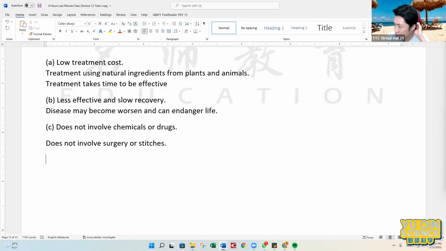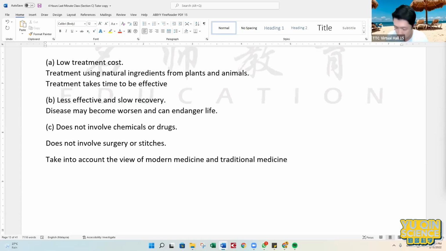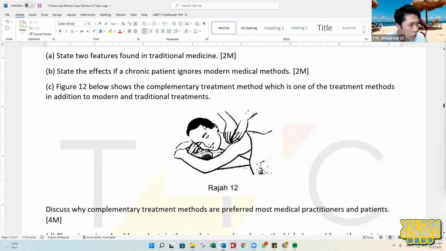So how do we say that? Take into account the views of modern medicine and traditional medicine. Wait, how many do we need actually? Oh, we need four.